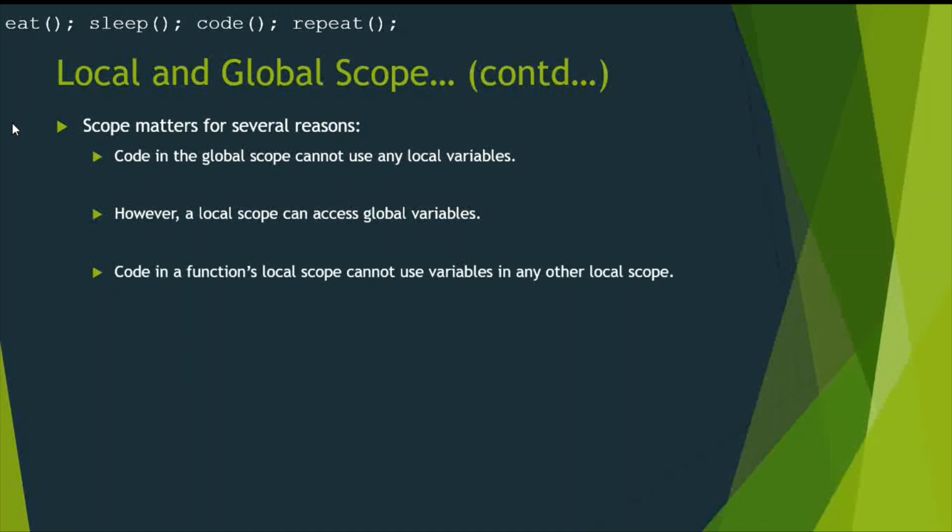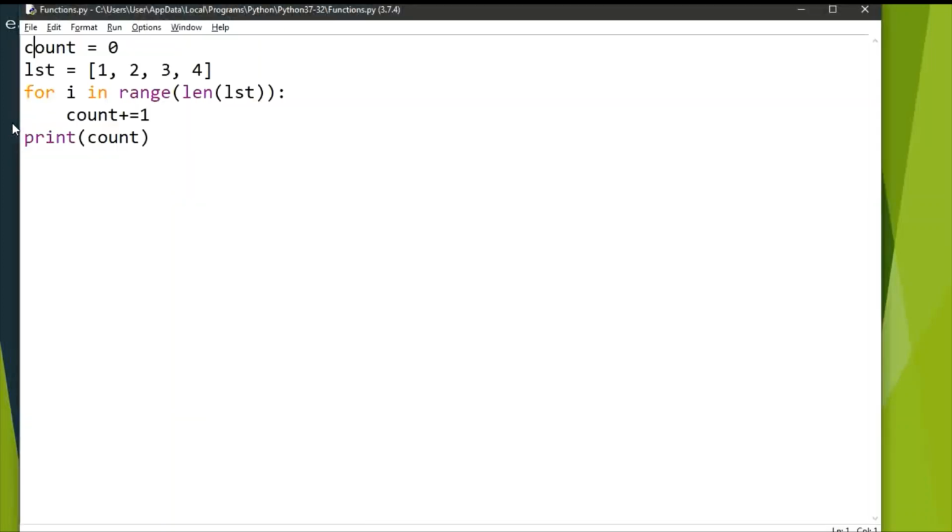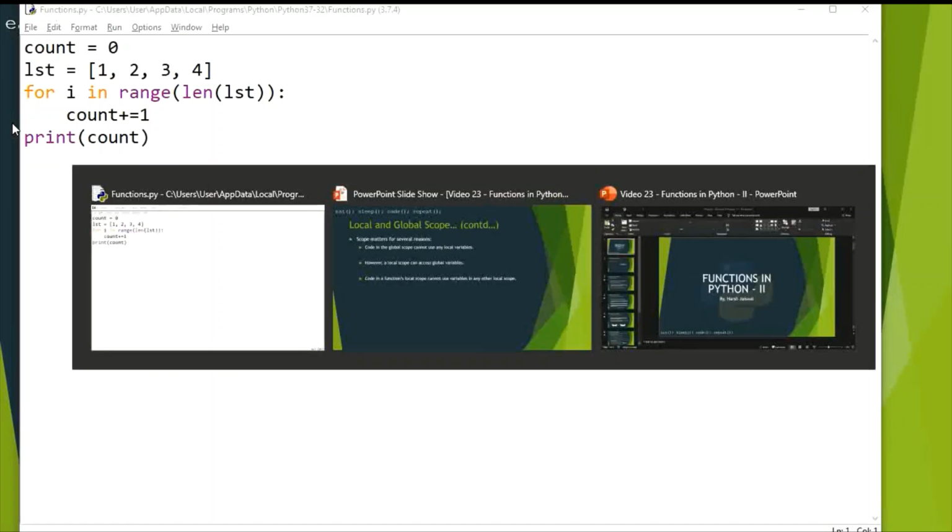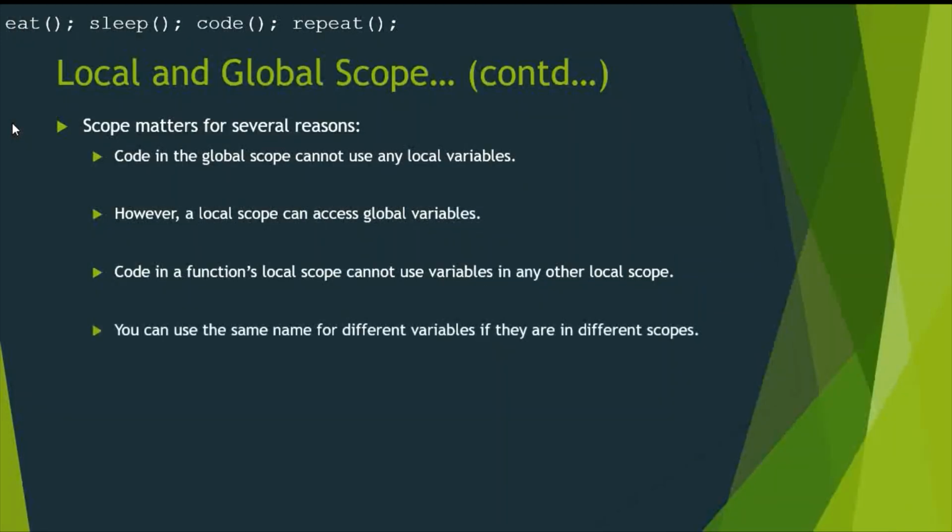Code in a function's local scope cannot use variables in any other local scope, as I showed in the previous example. The sum variable is not able to be used in any other local scope. You can use the same name for different variables if they are in different scopes.